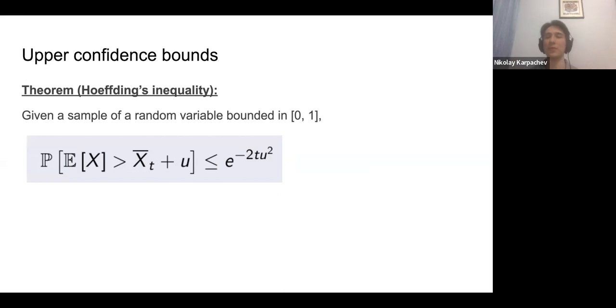If it's bounded, for example 0, 3, we can rescale it to make it bounded to 0, 1. So if we have a bounded random variable, we can estimate the probability that the sample mean deviates from the expectation by some margin with this upper bound.